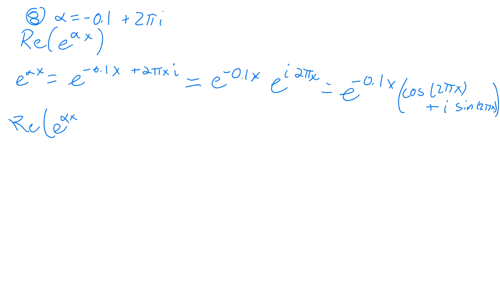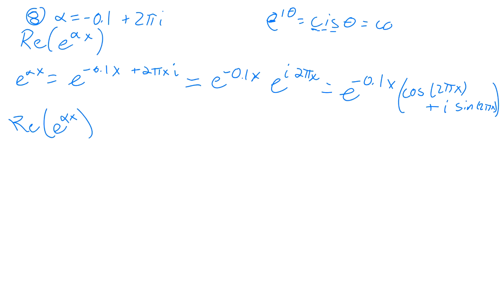It's going to be the real part of that. Well, we're multiplying by a real exponential, so that doesn't change real versus imaginary. So a real exponential times the real part is still real, and the real exponential times the imaginary part is still imaginary. Just as a reminder, e to the i theta, we can call this cis of theta, which stands for cosine plus i sine.